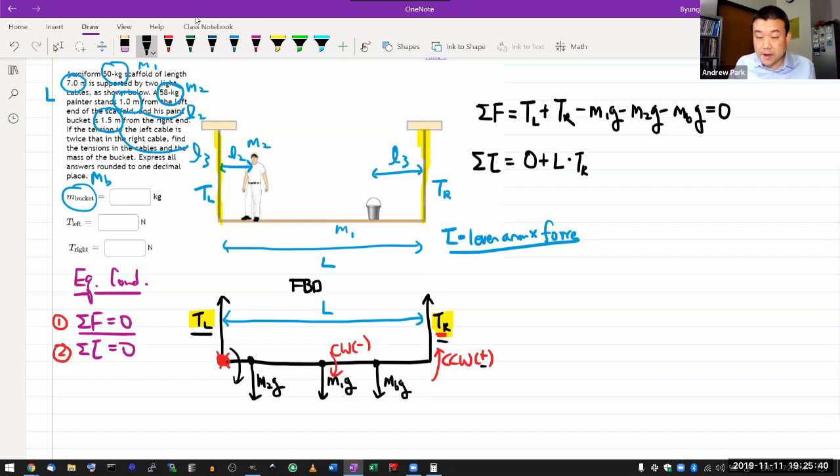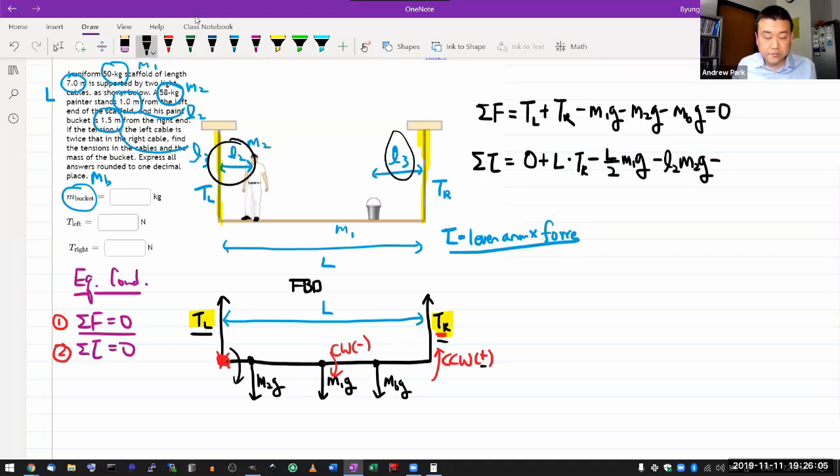Let's just write them down, one at a time. So minus, M1 is acting at the center of the scaffold, so the lever arm should be L over 2 times the force, M1G, minus M2G, the distance we were given as L2 earlier, L2 M2G, minus, now this one we need to figure out.